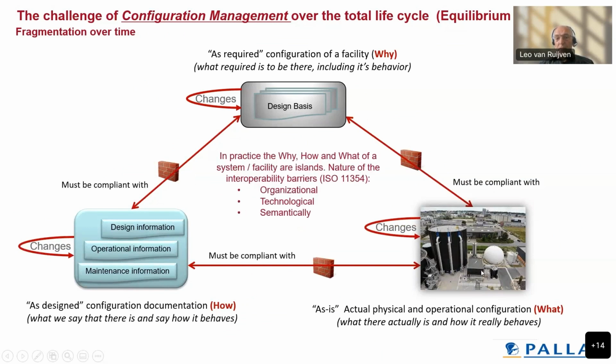The problem is that those three worlds are quite isolated from each other, because in each world there's another organizational structure, other technologies are used, and also semantically they use different models, different terms, different definitions.